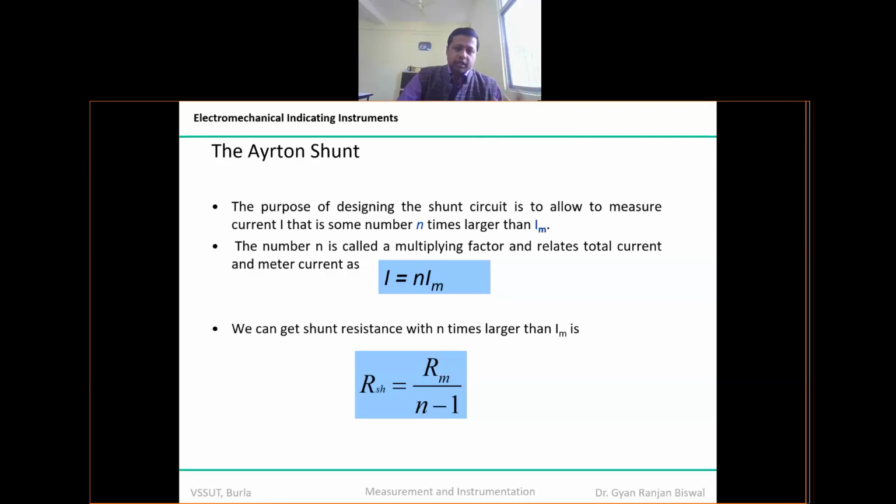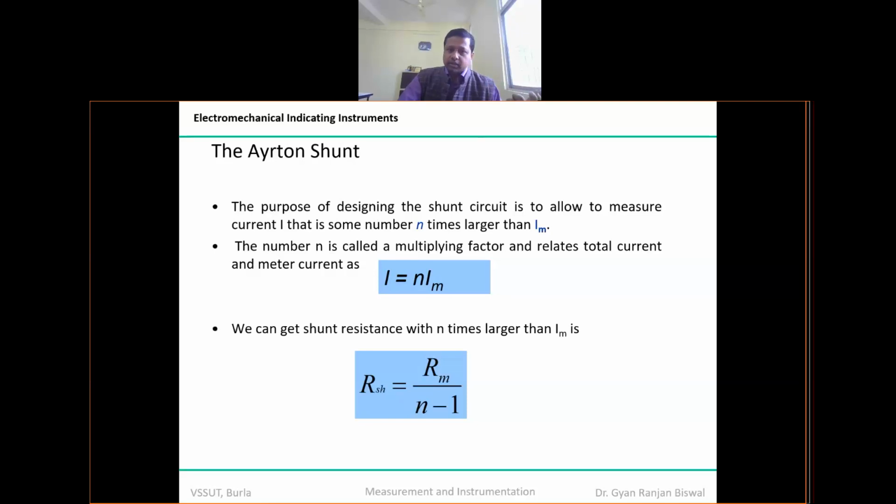So let's take the current example first. I am assuming that the meter current is Im, and the total amount of current passing through your conducting path is I, where I is equal to n times Im. So what will happen to pursue that? I need a shunt resistance, as I told you in the last class.